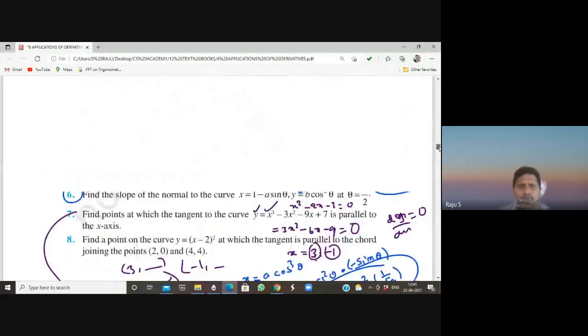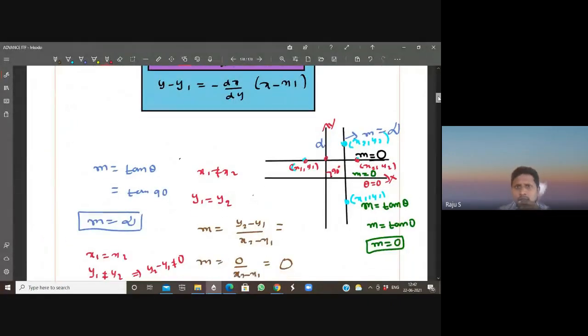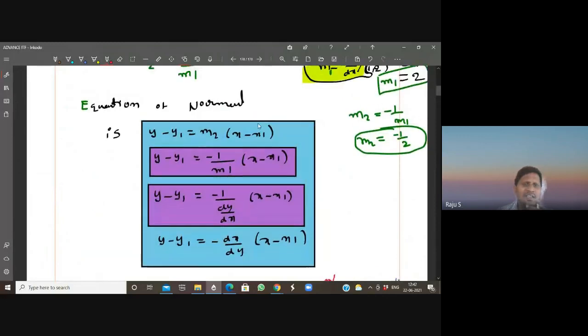I hope you remember the equation of a tangent, which is very easy, just the straight line equation. Slope point form, which you already studied in class 7. This is the slope, this is the point.